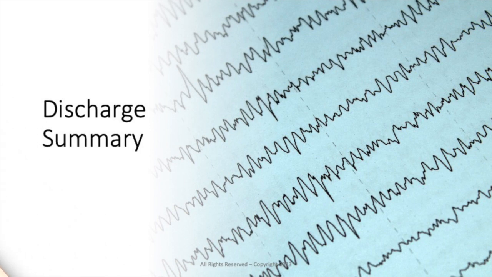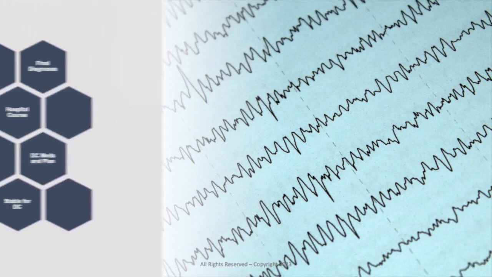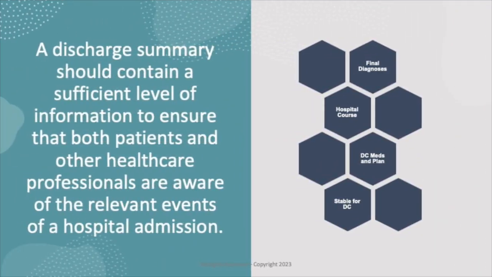Let's talk a little bit about a discharge summary, because that also is a very important document, because as this states, a discharge summary should contain a sufficient level of information to ensure that both patients and other healthcare professionals are aware of the relevant events of a hospital admission.